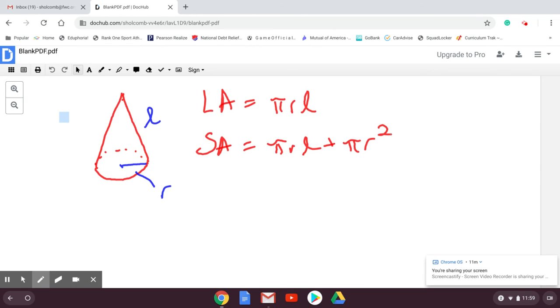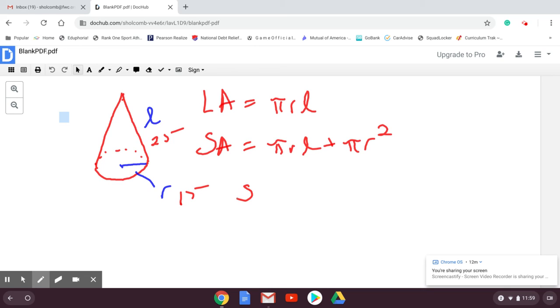If you're given one with a slant height of 25 and a radius of, goodness, I'm having trouble seeing it. Looks like 15 for the radius here. That's a 15.